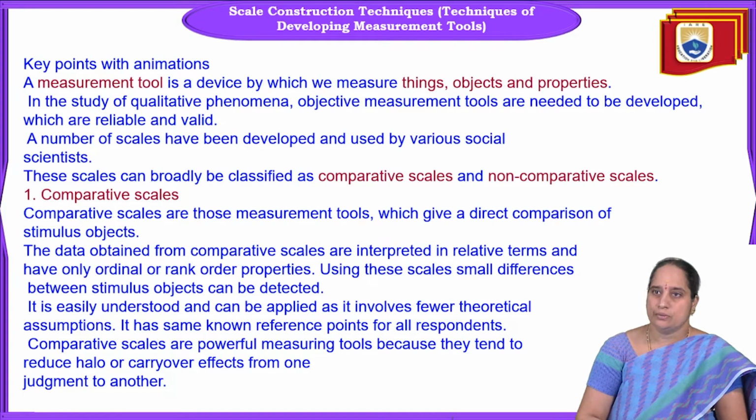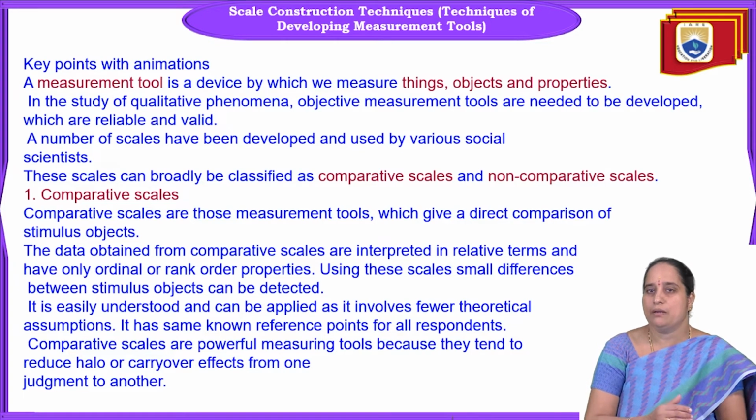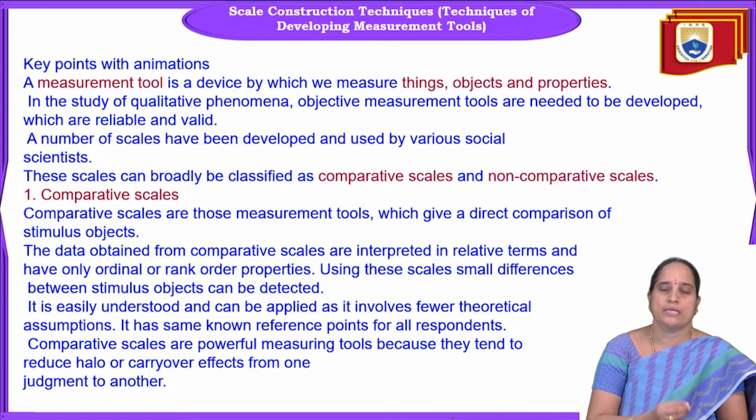So they should be developed and they should be reliable and valid. A number of scales have been developed and used by social scientists. Basically we divide the measurement tools into two types: comparative scales and non-comparative scales.